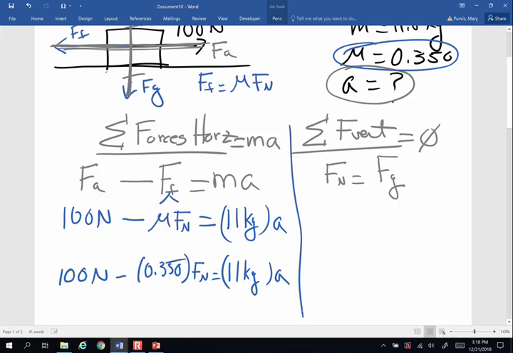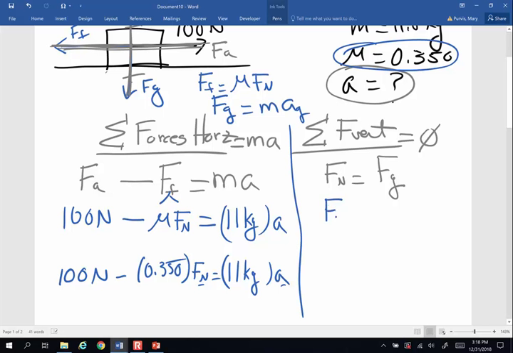All right, on the vertical side, now I have to stop here because I've got one equation and two unknowns. So what do I do when I run out of stuff to do? I go to the other column. My normal force equals force of gravity. Well, what is force of gravity? I know force of gravity is equal to mass times acceleration of gravity.